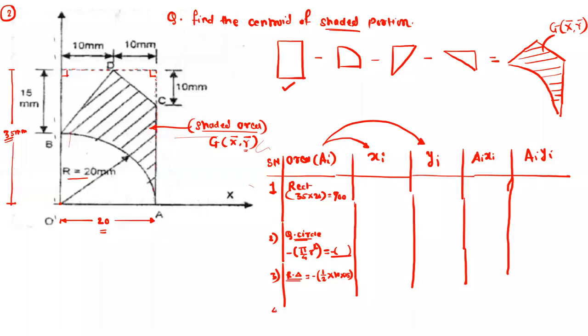The fourth geometry is again a right angle triangle, and its area will be 1 by 2, base is 10 and height is 10. So the first area is positive and the remaining three areas are negative. The total summation will give the required shaded area. Now concentrate on the x coordinate and the y coordinate. I will simplify this.